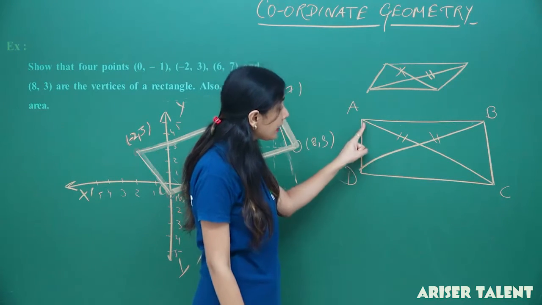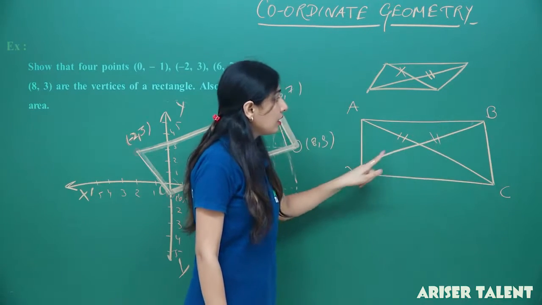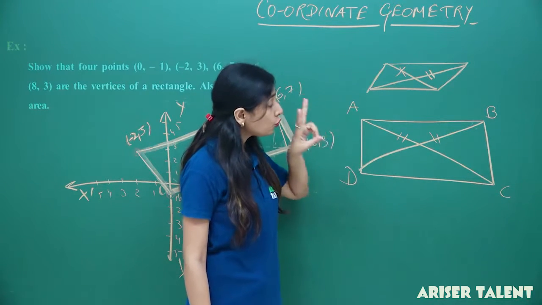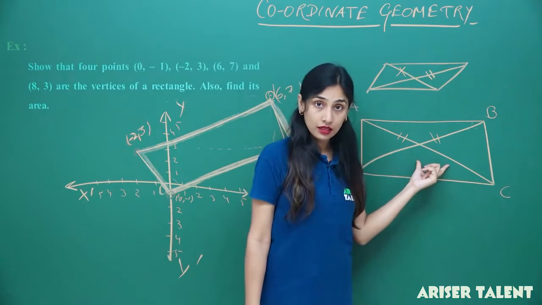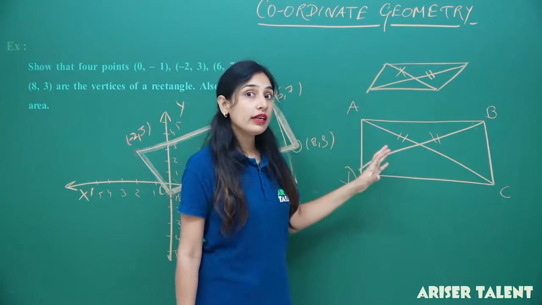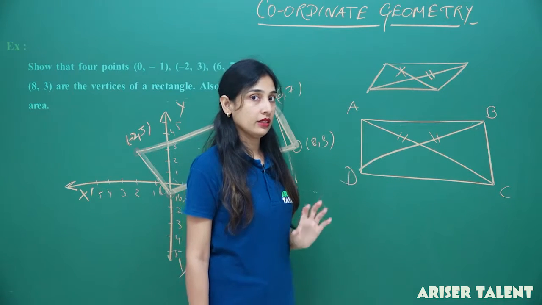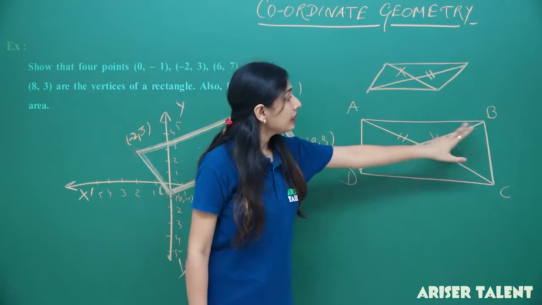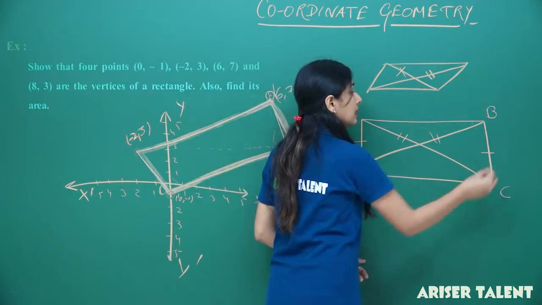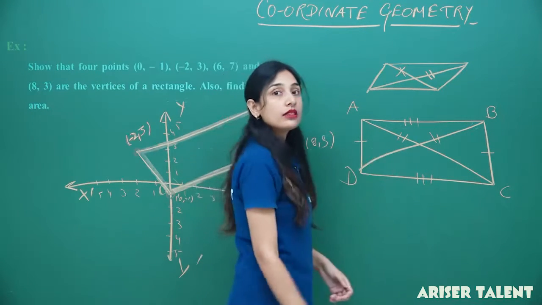Can you understand that if this AC is equal to this diagonal BD, so if the two diagonals of this quadrilateral are equal, then only that can be considered a rectangle. So you have to prove that these sides AD and BC are equal and the diagonals are also equal.